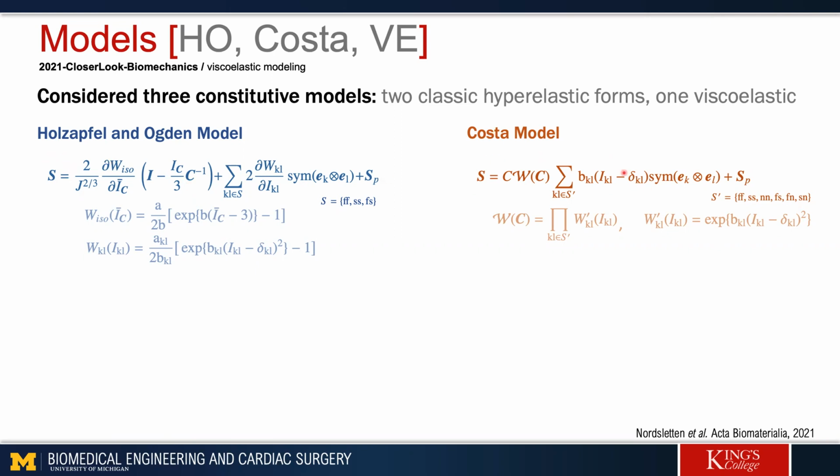The Costa model in contrast is actually looking at very similar types of terms. So if you look at these, they're almost like the terms we see here. So they're exponential, they depend on invariants, but the main difference is that these are all multiplied together into one strain energy term, this kind of curly W, and that scales everything.